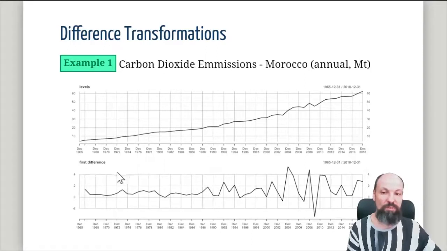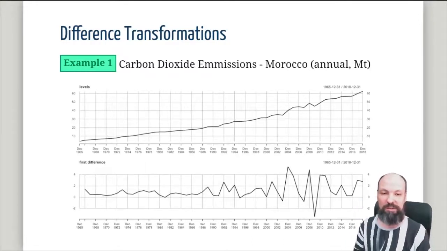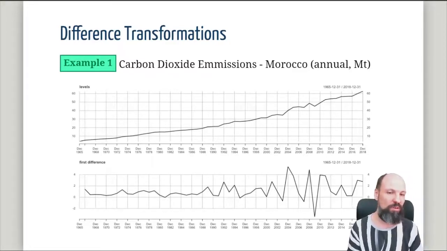So the first part might look stationary on its own. The second part looks stationary on its own. The whole thing looks stationary in mean, but maybe some additional testing is required, but it's definitely not stationary in variance.